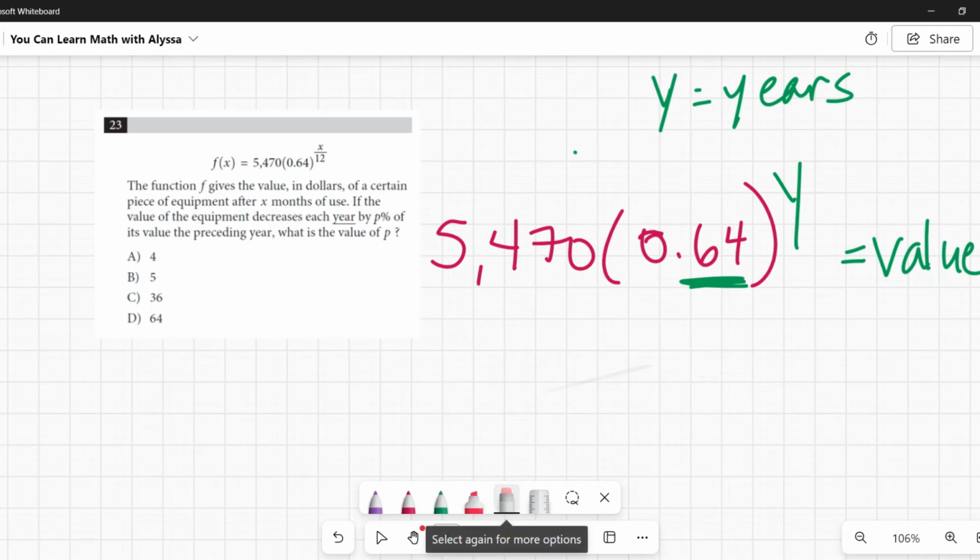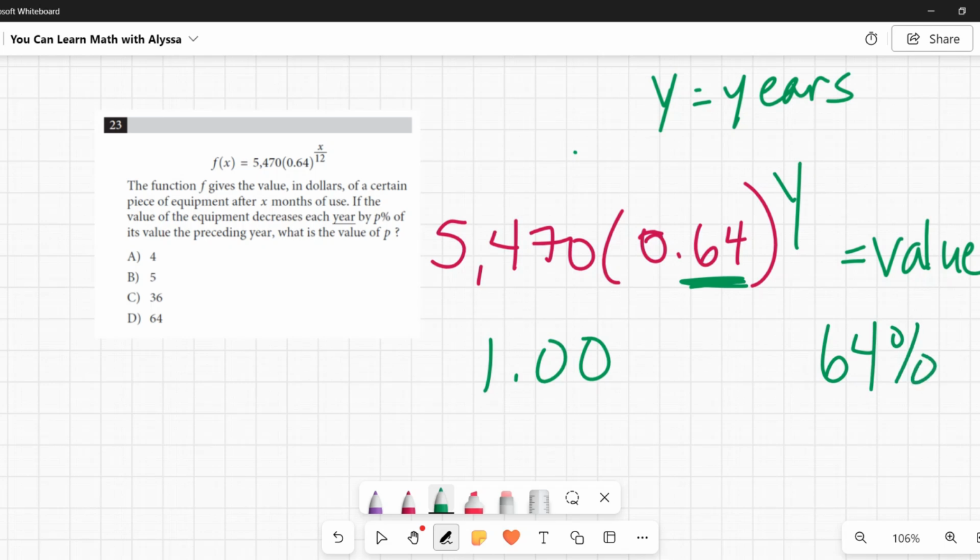So here we have 0.64. What percent decrease is that? Well, we're starting at 1 or 1.00. That would be no change. But instead, we're multiplying this number so that my result is 64% of the original. So what was the decrease?